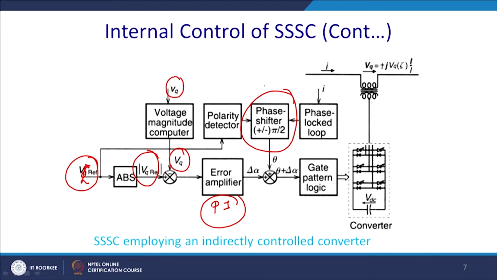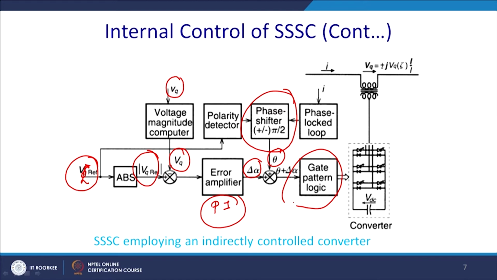From there theta will come, and theta will be added up with delta alpha from this error amplifier. So ultimately this becomes theta plus minus alpha, depending on the kind of compensation you are doing. Then you have a gate logic to give the firing of the thyristors, sorry, it is GTU.